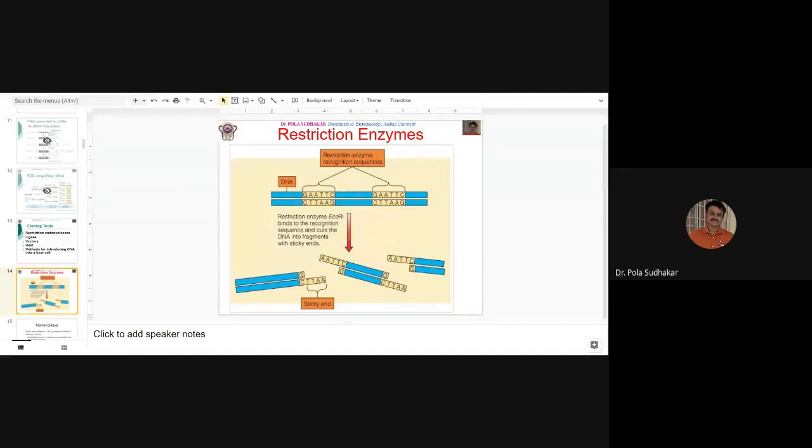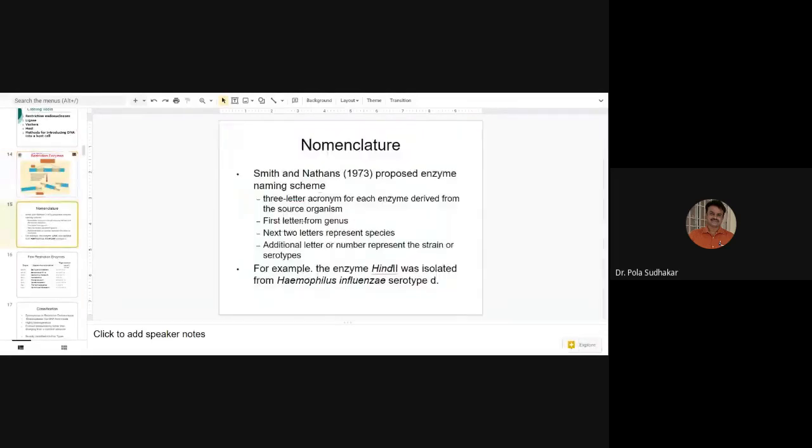Restriction enzymes are named after the bacteria species they came from. So I will tell you the nomenclature of restriction enzymes, and there you can find why they are called EcoR1 and HindIII like that. So the nomenclature of restriction endonucleases and the properties. Nomenclature: Smith and Nathans proposed the enzyme naming scheme.